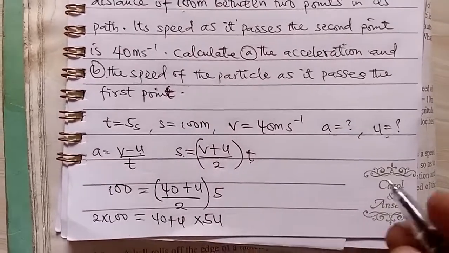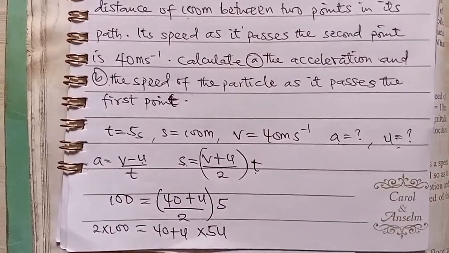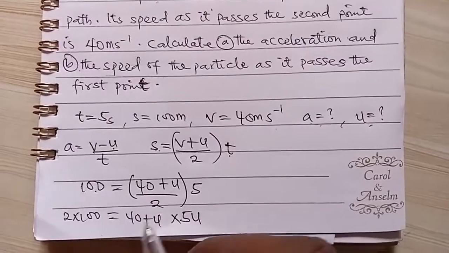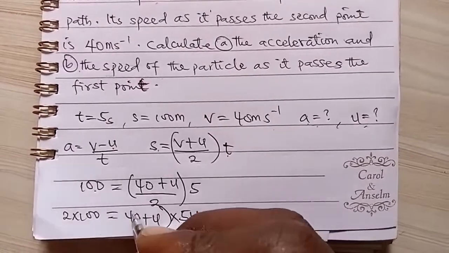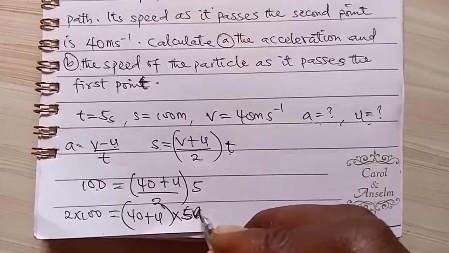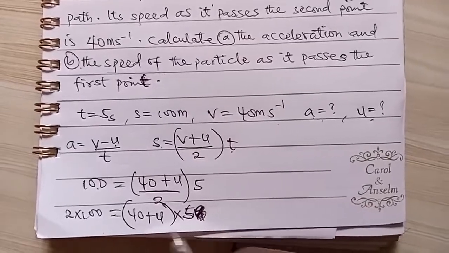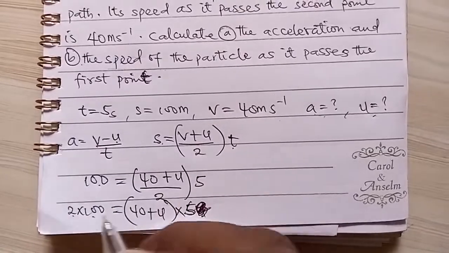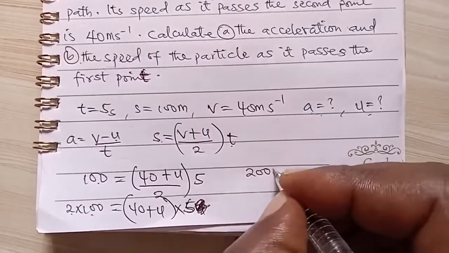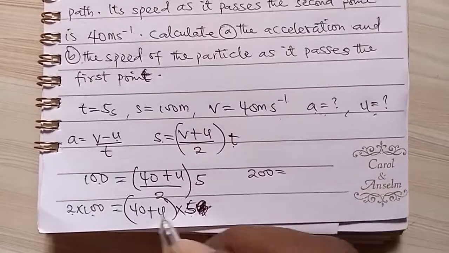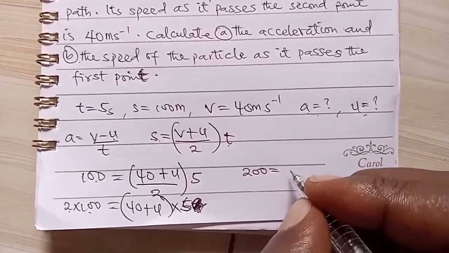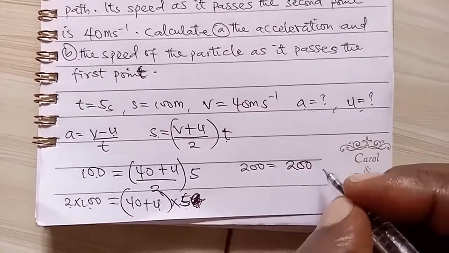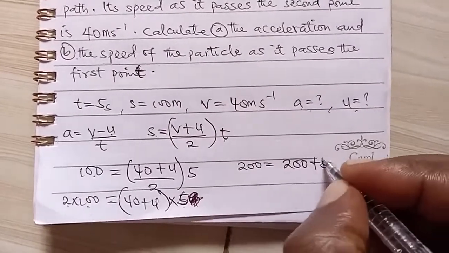Let's break it down one step at a time. First of all, 40 times 5. So what we'll now have is 200 is equal to 5 times 40, which is 200, plus 5 times u, 5u.